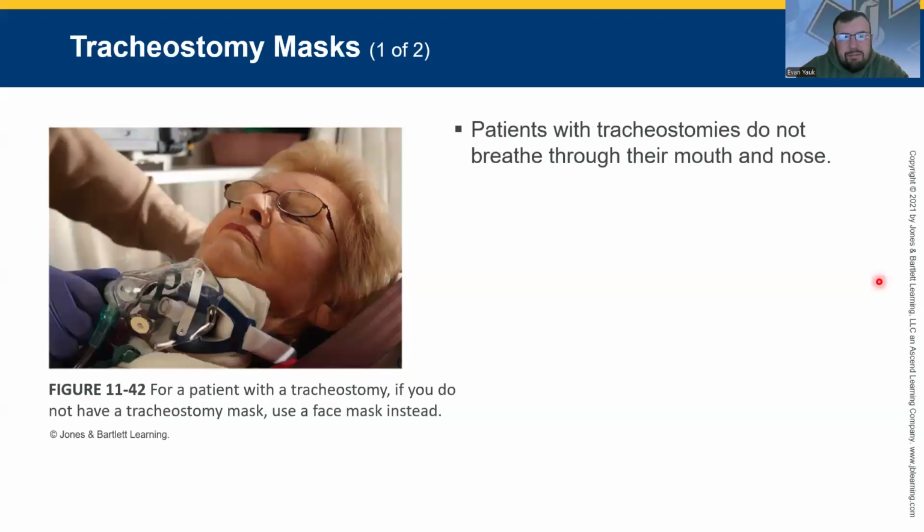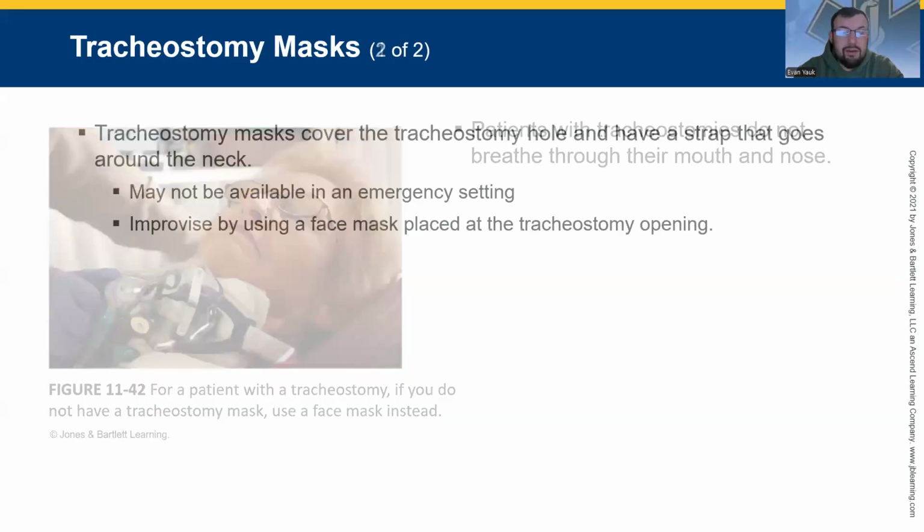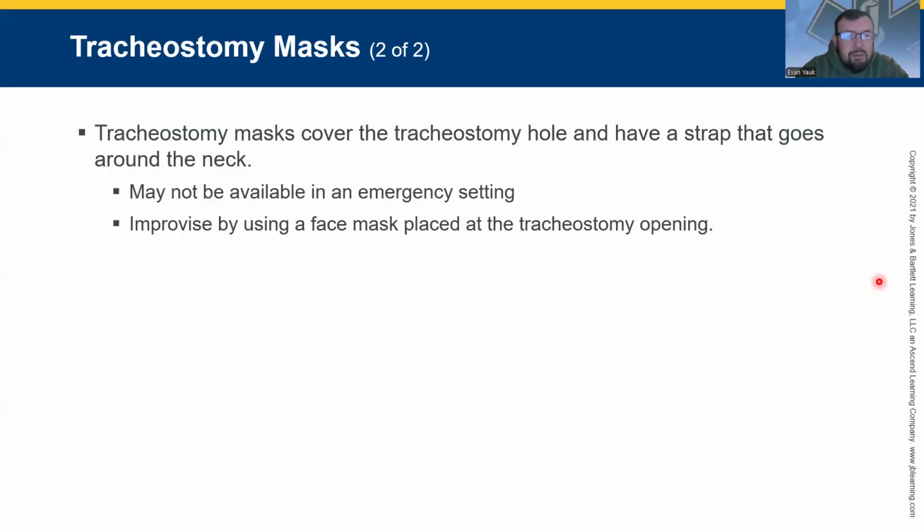The tracheostomy mask. Patients with a trach do not breathe through their mouth or nose. They breathe through that little hole down there in their throat. Tracheostomy mask covers the trach hole and has a strap that goes around the neck.